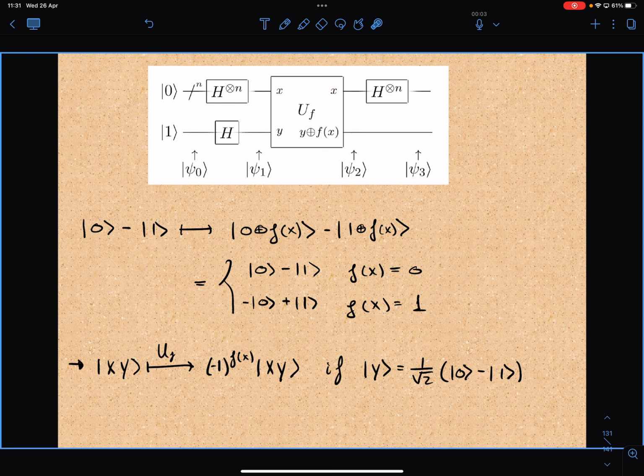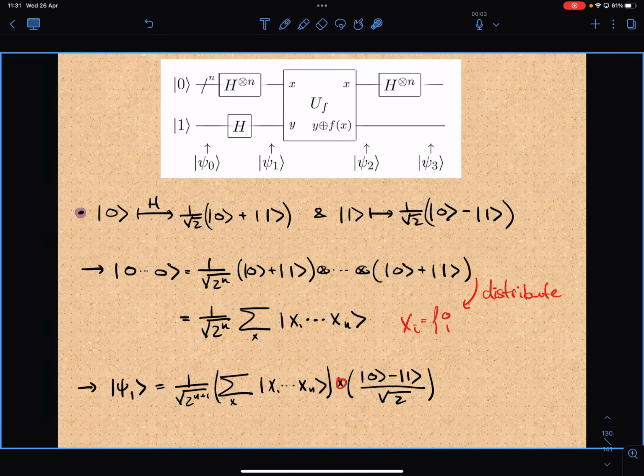Yes? On the previous slide, it looks like the normalization, you got square root of 2^(n+1) over there. Was that supposed to be the square root of 2 from the other qubit that got moved over, or did that come from somewhere else? You're asking about this one? Yes. Yeah, so we have this, and then from the second one we get this one too.